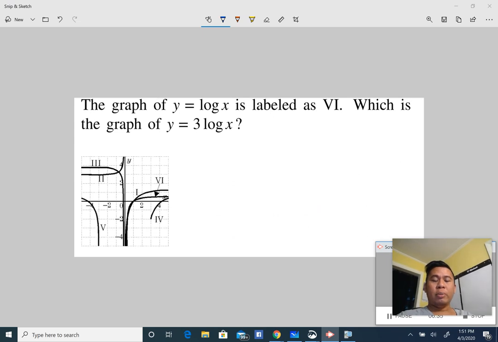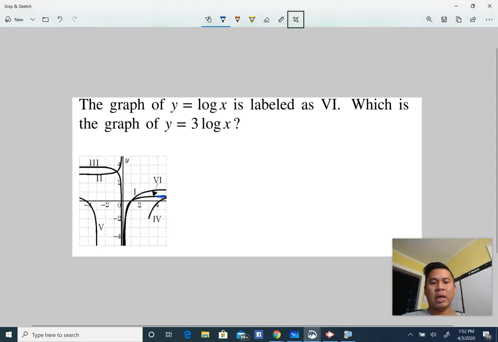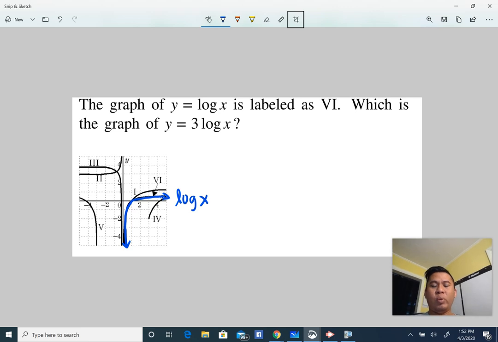Let's now try to solve some problems regarding our analysis a while ago. So in this case, we have our graph of logarithm of x as our number 6. As you may see in here, this is our log of x. Now we want to compare it with another function that is 3 log of x. How do we do that?